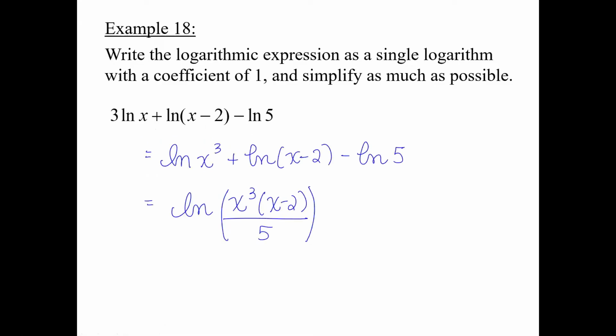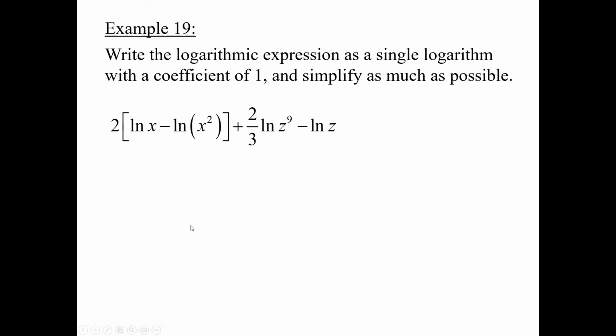Now, we do not need to go ahead and distribute this at this point. Okay, now this means that this 2 is times both of these first two terms. So we're going to distribute that 2, which gives us this and this.